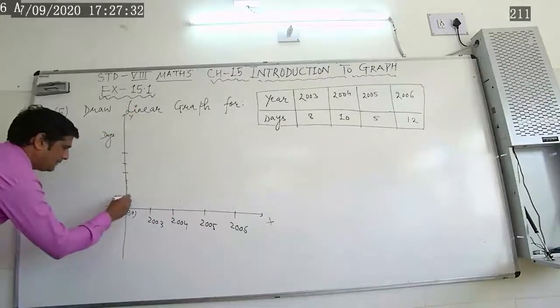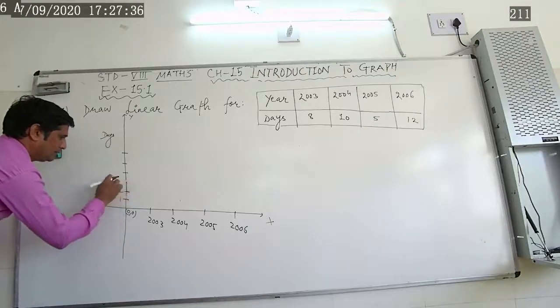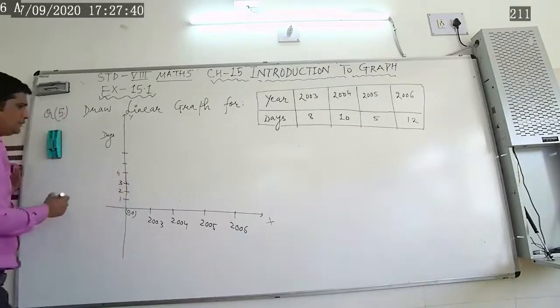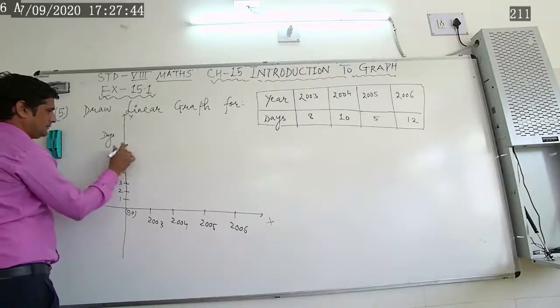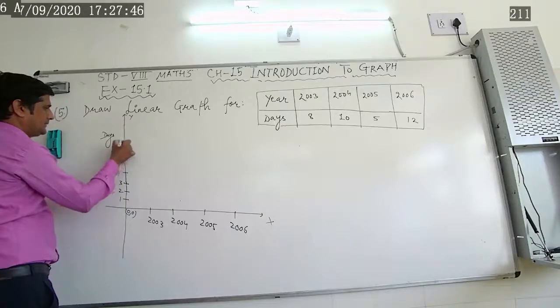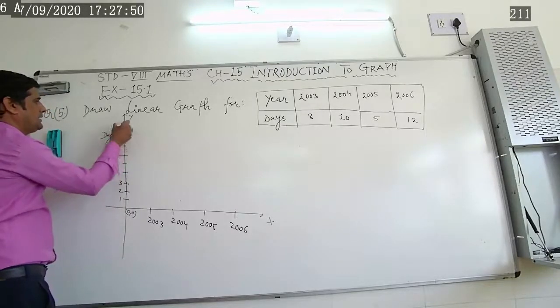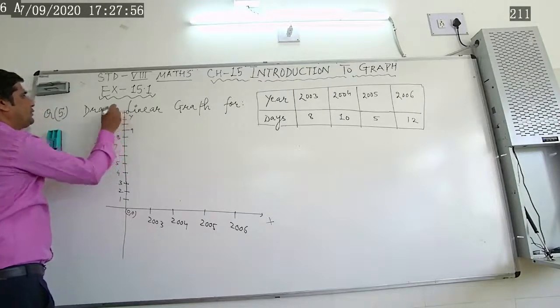So let me see: 1, 2, 3, 4, 5, 6, 7, 8, 9, 10, 11, and this is the 12.